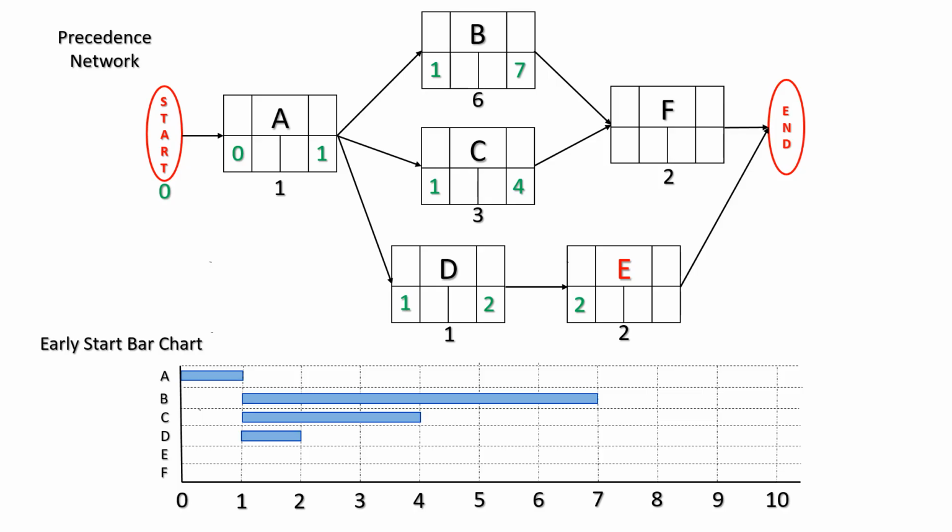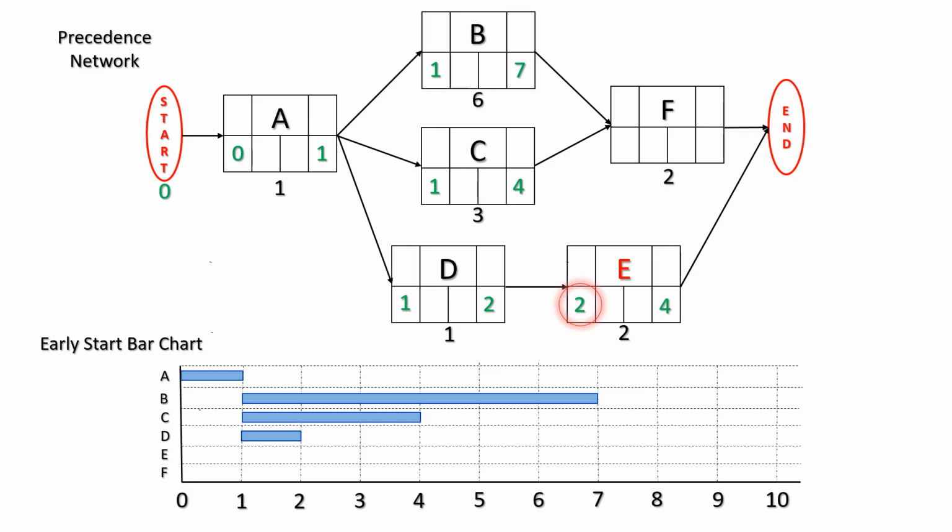Having found the early start of E as 2, we can calculate the early finish of E. It will be the early start of 2 plus the duration of 2, which will give us an early finish for E of 4.